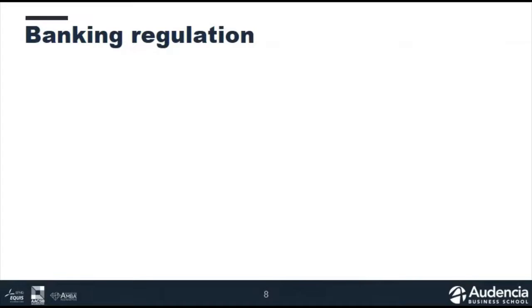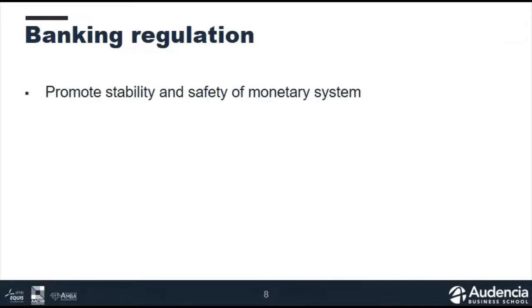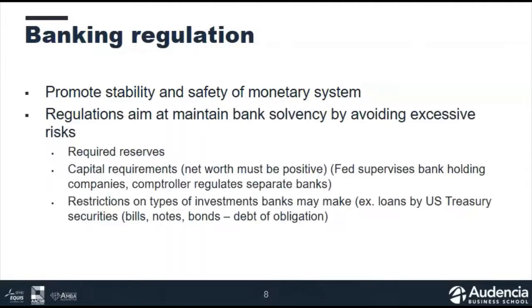One of these roles, as we mentioned, is banking regulation. This is there to promote stability of the system, obviously. We also have regulations that aim to maintain solvency, to make sure that they have money on hand if people want their money. And that's what we refer to as solvency. This is through required reserves, so banks have to maintain a minimum amount of cash to cover demand deposits.